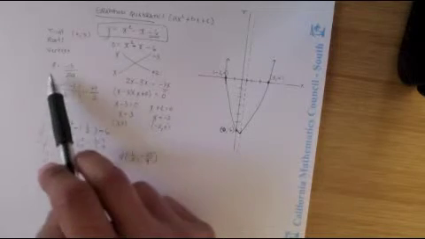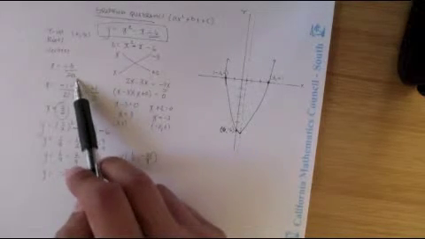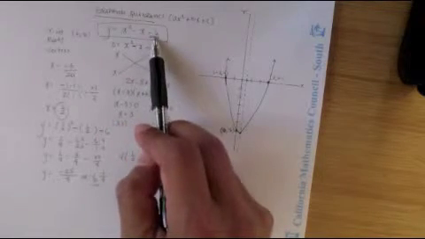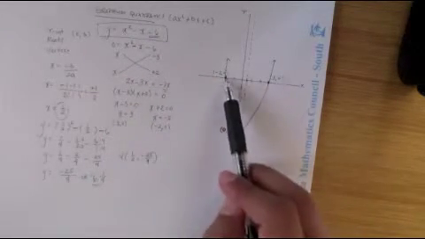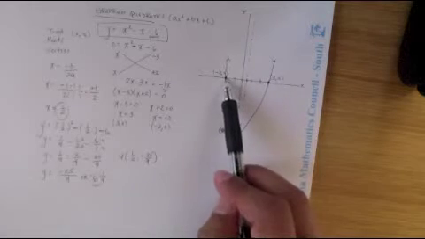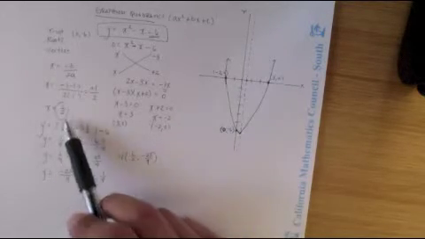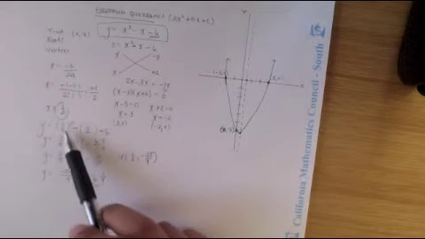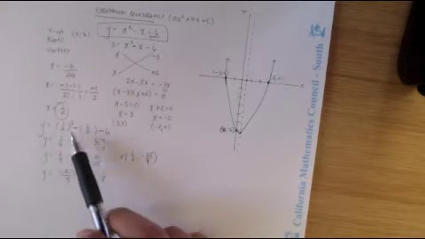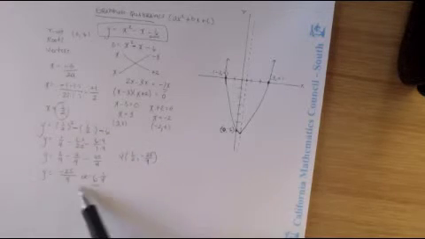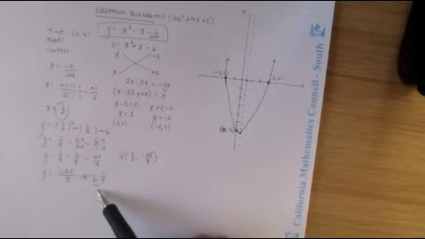Well, the vertex, we use negative b over 2a, and remember, this is your a, b, and c. Or if you want to find the line of symmetry, just count the spaces and divide them in half. Then whatever you get for your x value, substitute it back into the equation, solve it, and you get your y value.